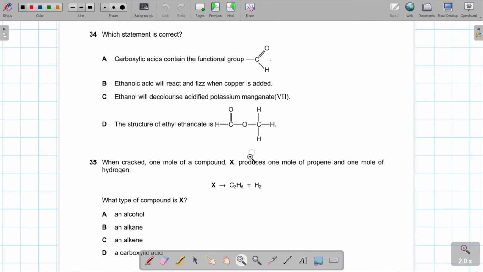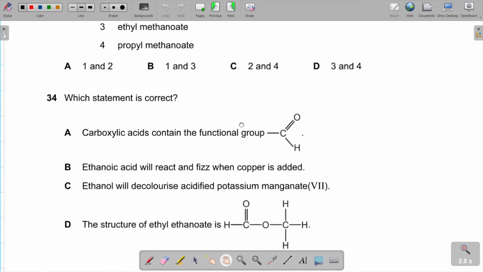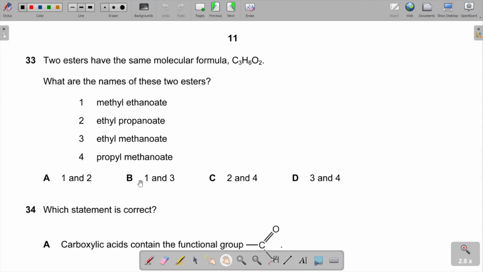Okay, moving on to the next question. Two esters have the same molecular formula. What are the names of these two esters? Okay, so we have methyl ethanoate. Methyl is the alcohol and ethanoate is the acid. So let's try to draw the ethanoate group.